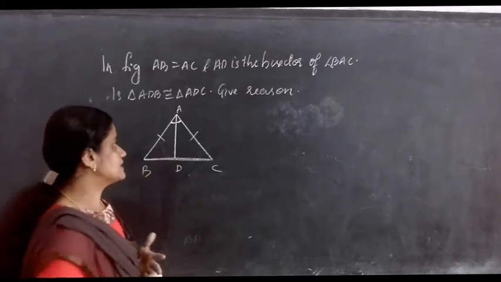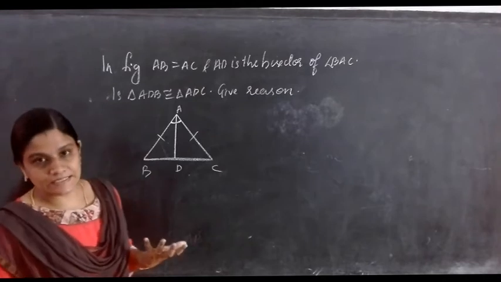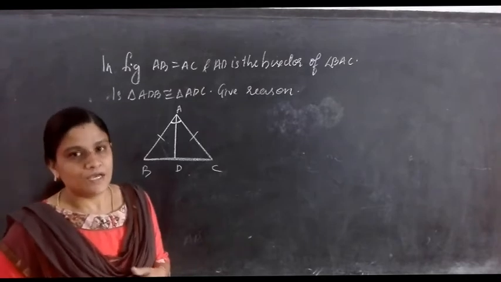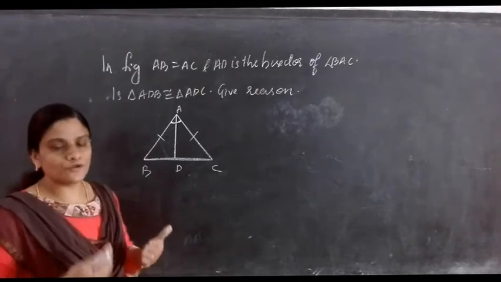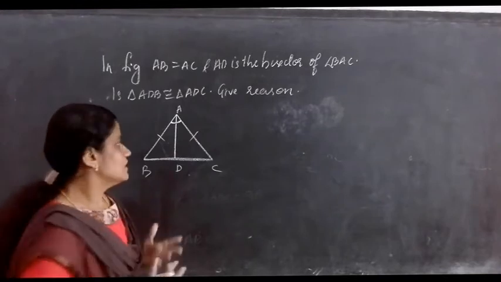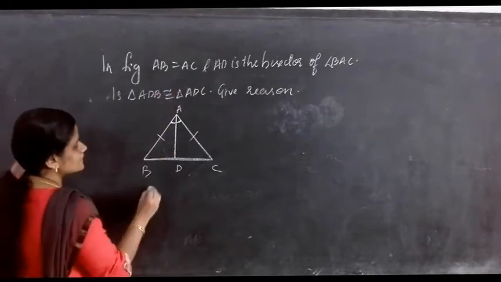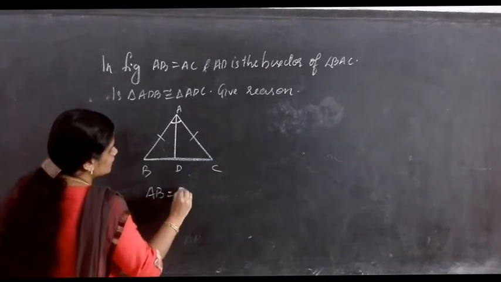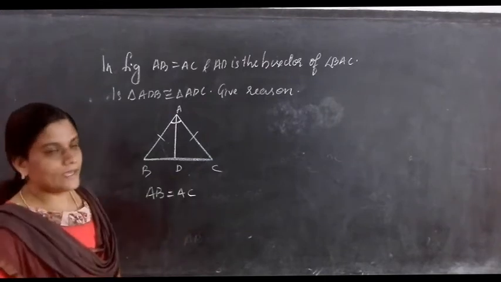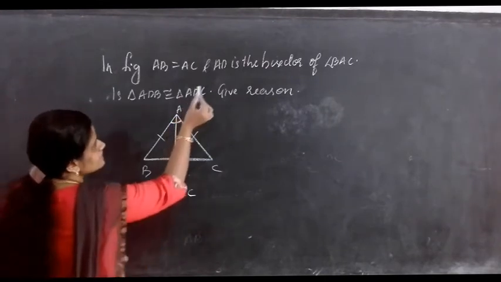Children, here we don't have any 90 degrees, so we cannot apply the RHS rule. So let's see what all are equal here. Anyway, we all know that it is given the side AB is equal to AC. The next thing, they have given us a condition.